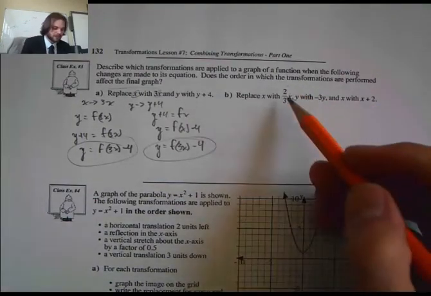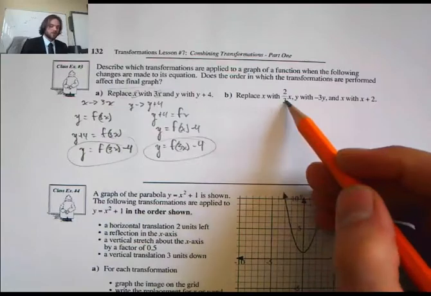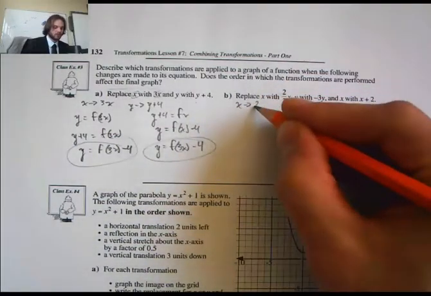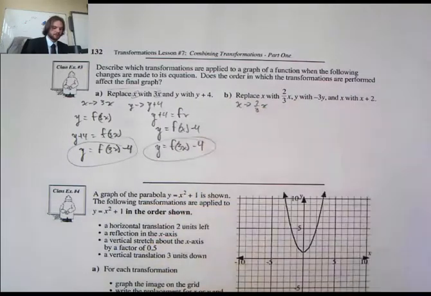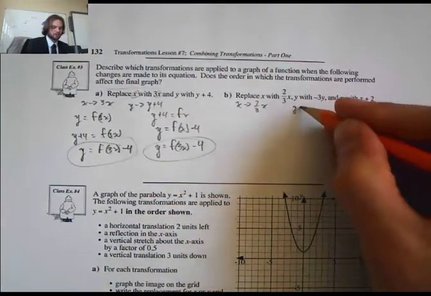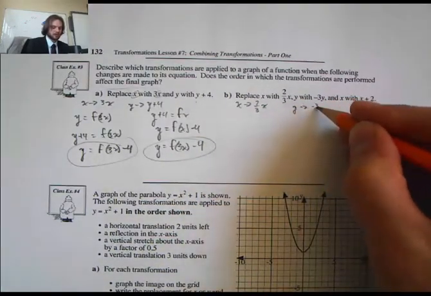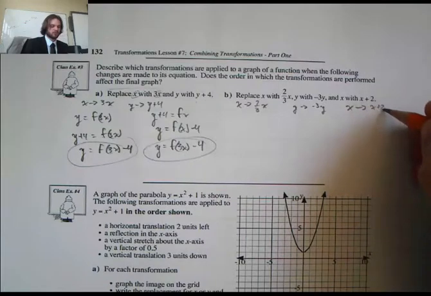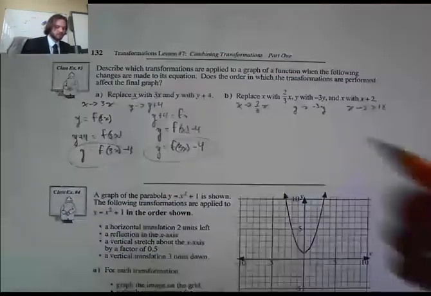So first we're replacing x with 2 over 3x. So x gets replaced with 2 over 3x. Okay? y gets replaced with negative 3y. And then later on, x gets replaced with x plus 2. So let's try this out.